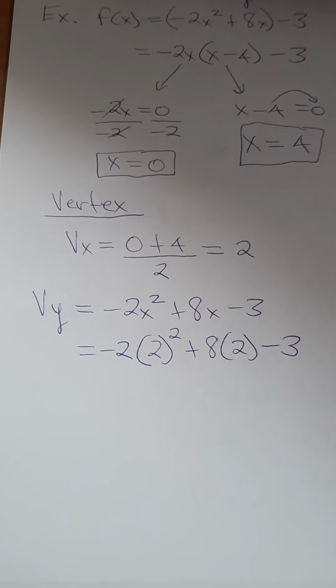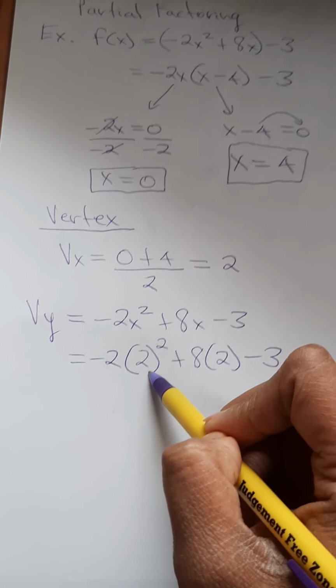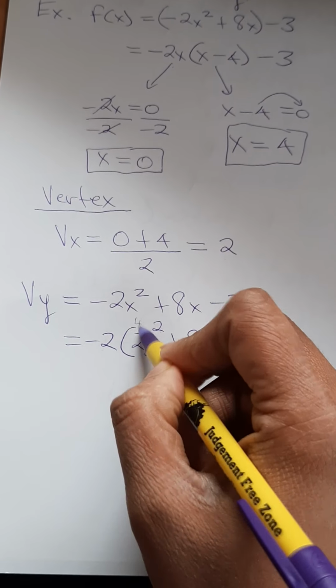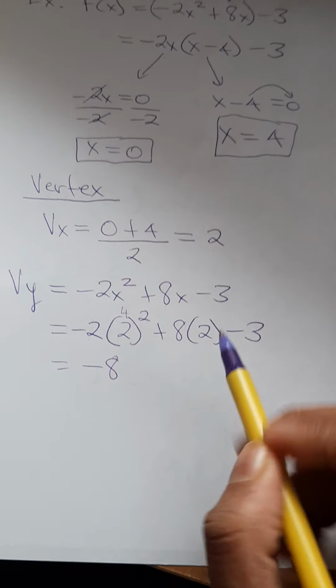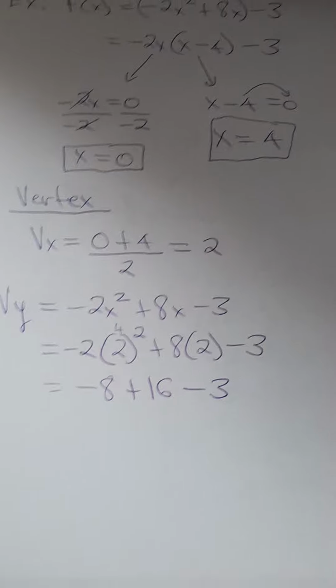So again, make sure you are showing all of your work as you do it, okay? Make sure you're doing the exponent first here. So 2 squared is 4. 4 times -2, so -8. 8 times 2, so 16. Okay, and then minus 3.